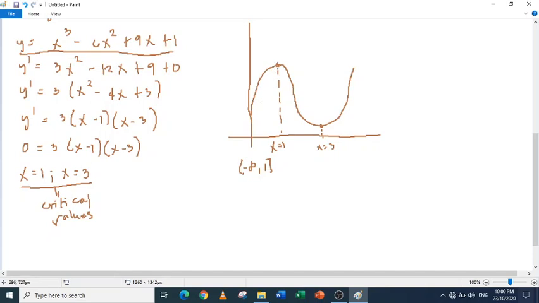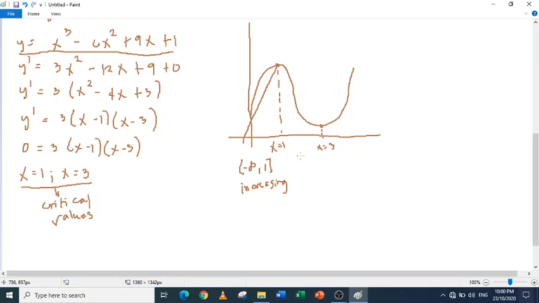etong curve na to, parang palitan mo lang ng line. Okay? So, kapag ganito yung line natin, we have the positive slope, meaning, kapag positive slope tayo, that is increasing.